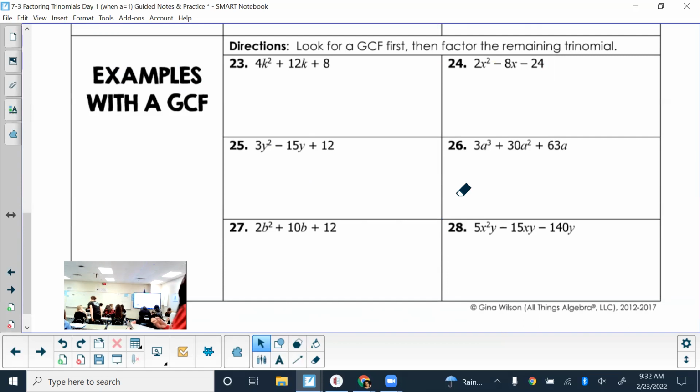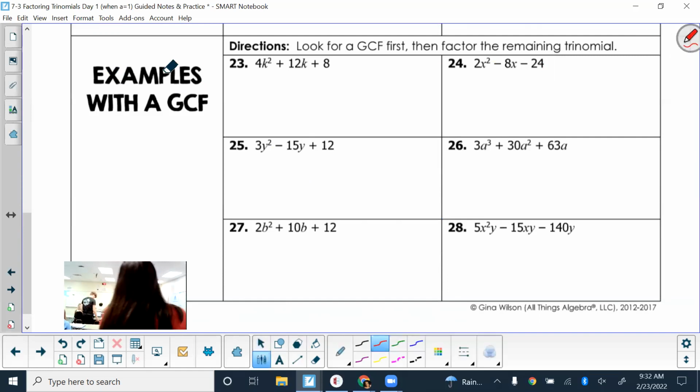All right. So then, you really should always be looking for a GCF first before any factoring situation. You notice in these examples, none of them have a leading coefficient of 1. In this whole set of examples, they all have a GCF though.